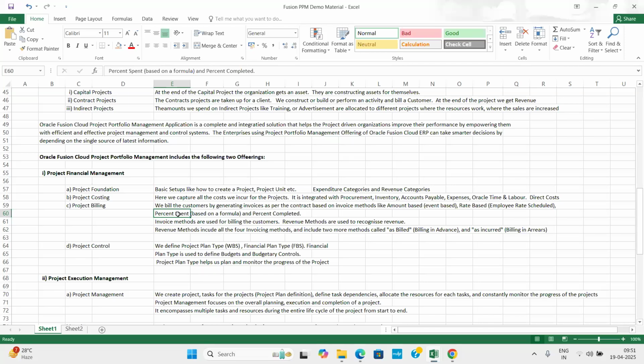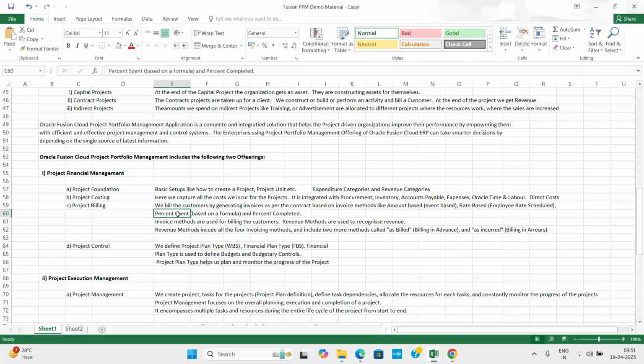Plan type is used to define the budget for each task: how much finance is to be allocated, to complete this task how much money I need. Based on that you will do the budget. So you budget according to the tasks here, and you can enforce budgetary control also. That's what the project control module is.